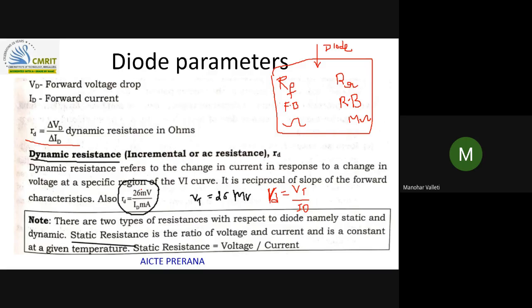So R_D equals 26 millivolts by I_D, where I_D is the current flowing through the diode.